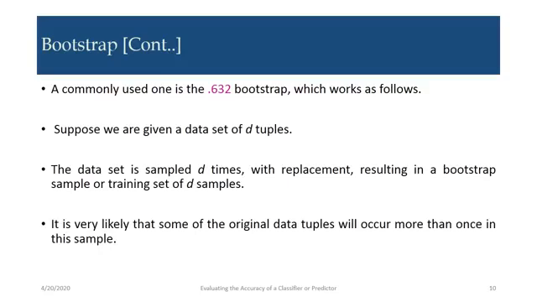The data set is sampled d times, with replacement, resulting in a bootstrap sample or training set of d samples. It is very likely that some of the original data tuples will occur more than once in this sample.